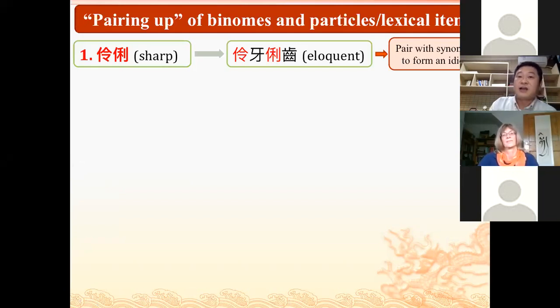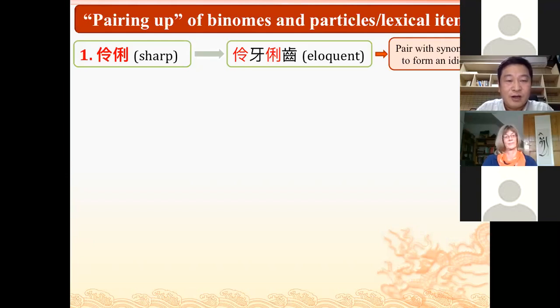And in some cases, we found out the binome can be separately used. In principle, the two components of a binome cannot be decomposed, but in some cases they can be separated.